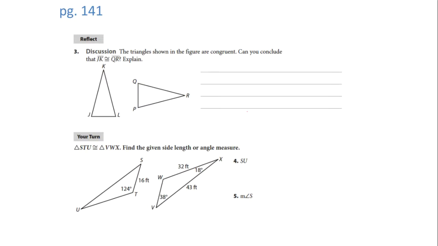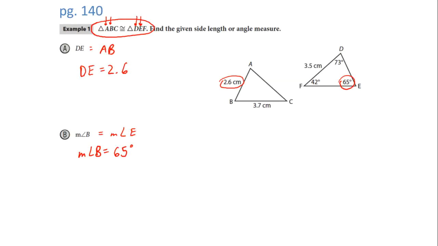All right. Consider example 3 here for a second. The triangles shown in the figure are congruent. Can we conclude that JK is congruent to QR? Well, the answer here is no. And the reason is this. In the last example, we said that DE was equal to AB, but that's only true because we were given that congruence statement.